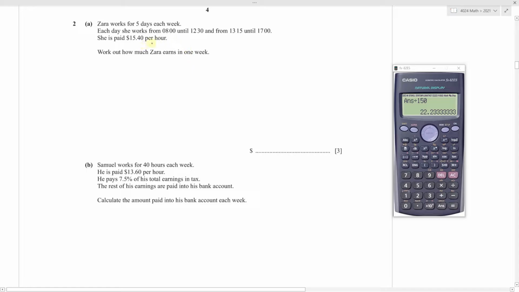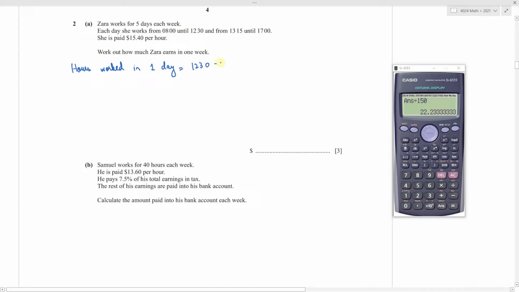So first we need to calculate how many hours she works in 1 week. For that, we'll start with hours worked in 1 day. So hours worked by Zara in 1 day will be, so she works from 8 until 12:30. So her finish time is 12:30.